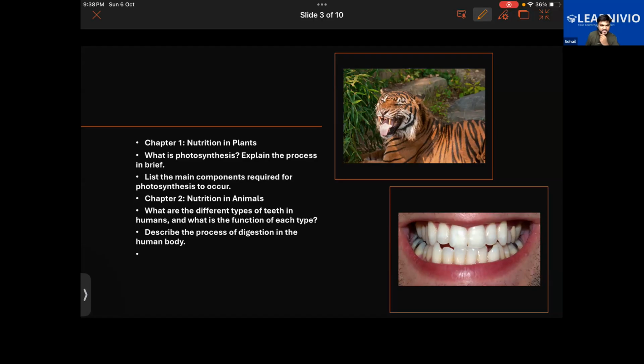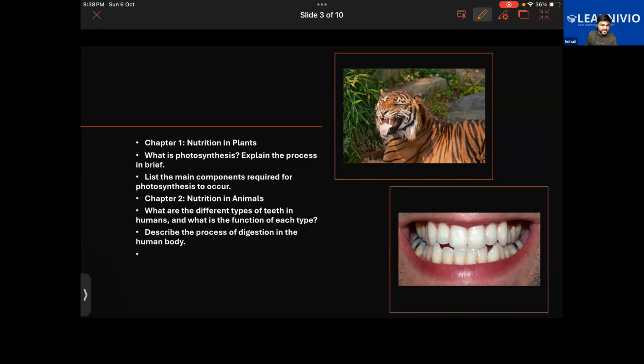In very simple terms, photosynthesis is a process by which green plants, or basically photosynthetic organisms, prepare their own food with the help of water, carbon dioxide and sunlight, in the green leaves, in the chlorophyll.